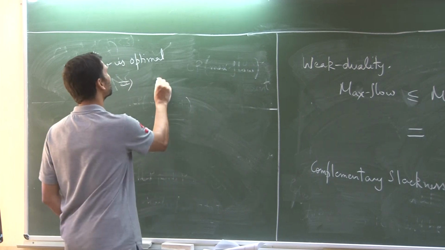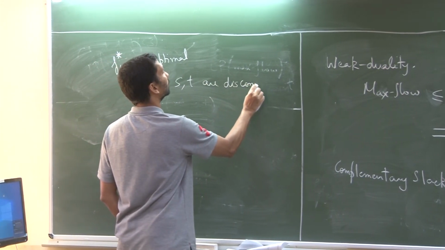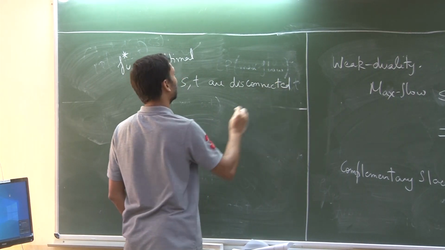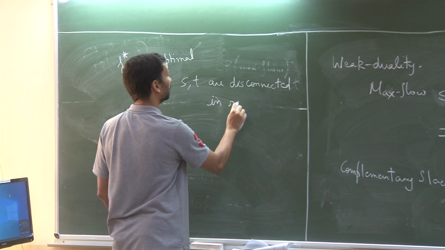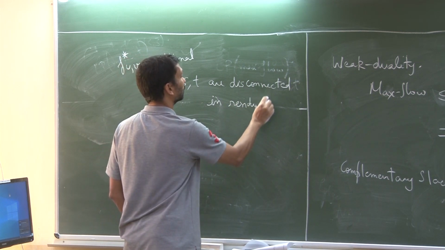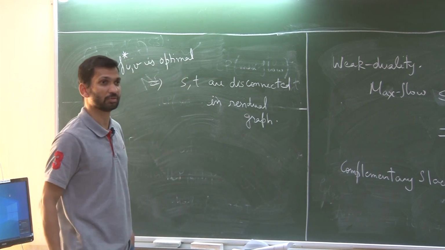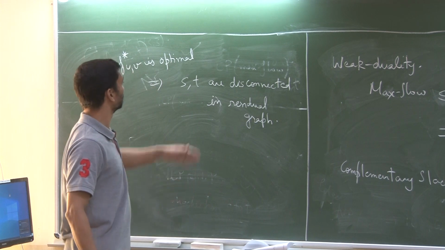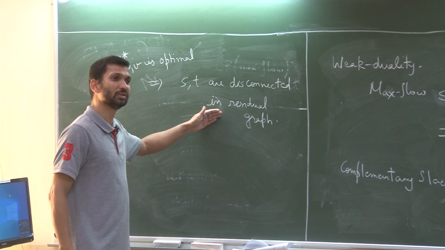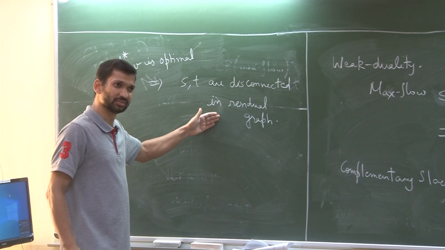Right, other ways, S and T are disconnected in the residual graph, correct? What does this mean? This is specifying a cut. This is what we wanted to do.